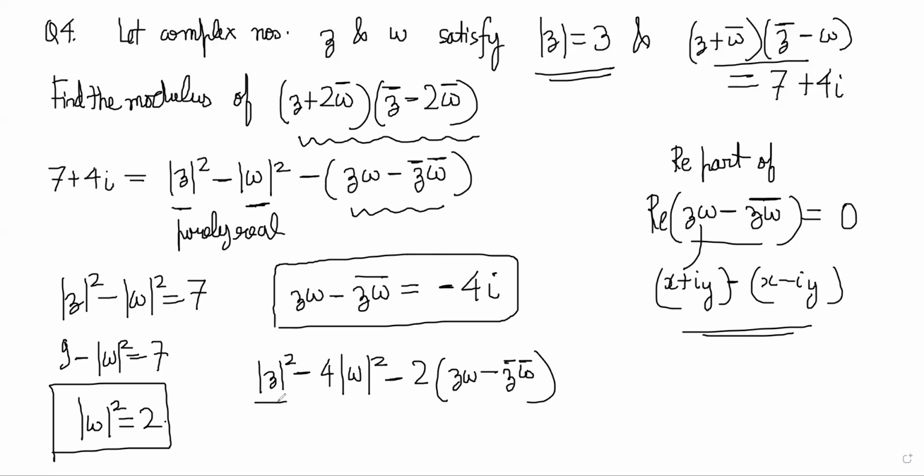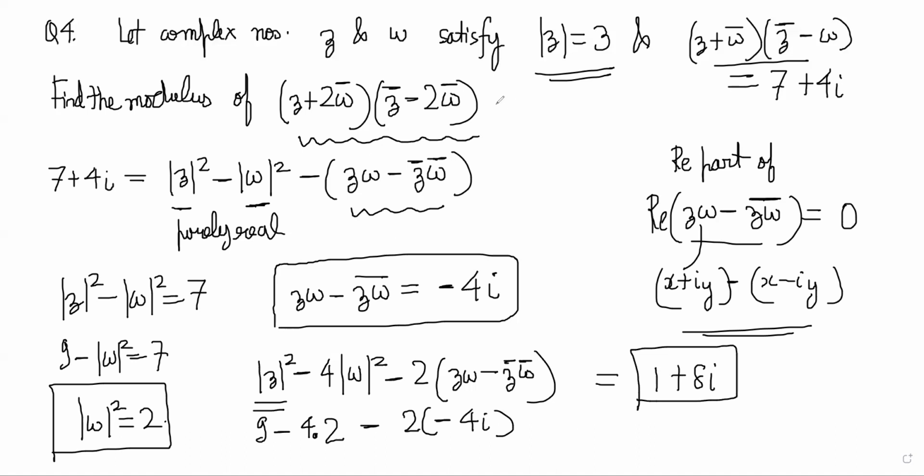So think about it. Mod z square is given, 9, minus 4 into mod w square, which is 2. This is minus 2 times, this is minus 4i as we have discovered. The complex number that is coming is 1 plus 8i. 1 plus 8i is the value of this complex number. So its modulus is basically simply root 65.